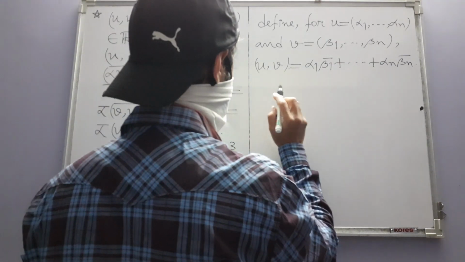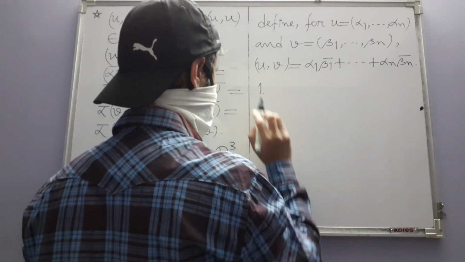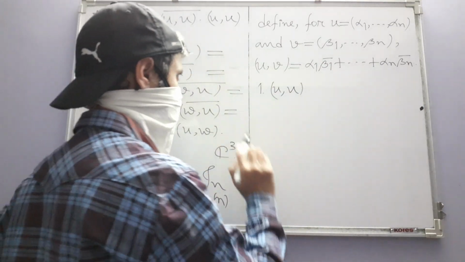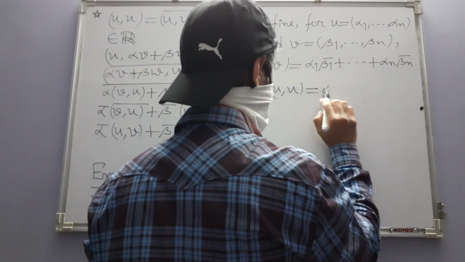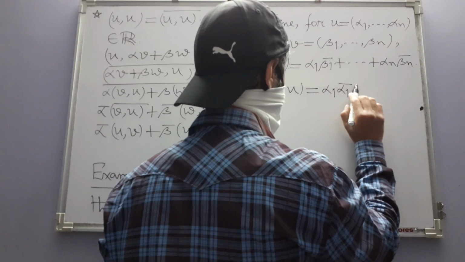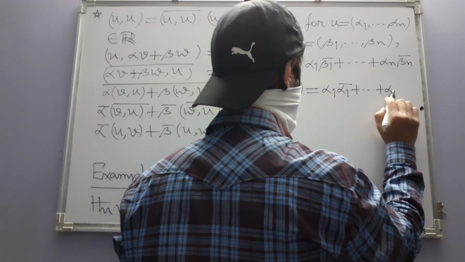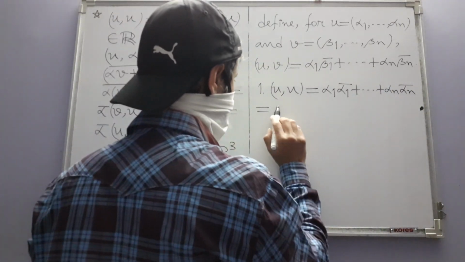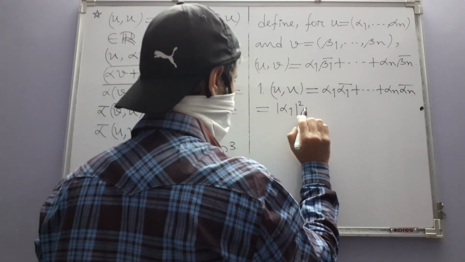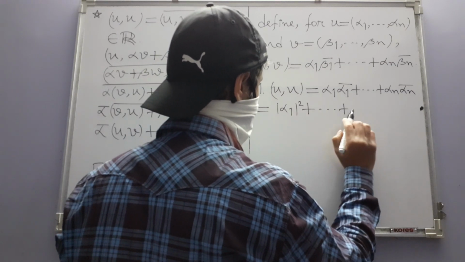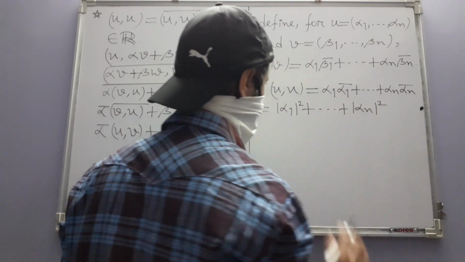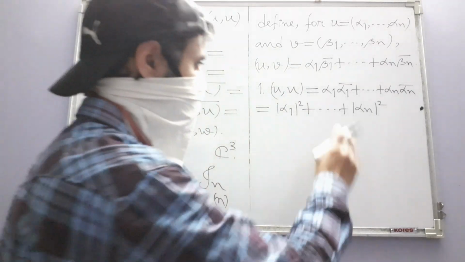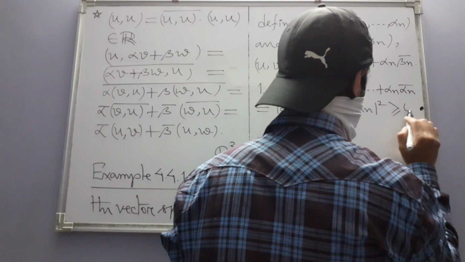Let's first verify property 1. What is u comma u? According to this formula, it is this. So just like that previous complex case, we will have this sum of squares, which definitely, no matter what the complex numbers alpha i are, is a non-negative real number.